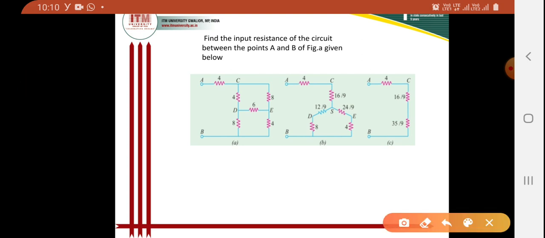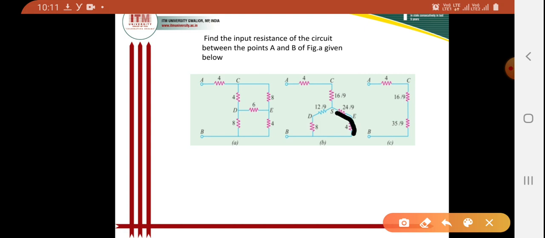When solving the equivalent resistance between A and B, these two are in series now, and here this element and this element are parallel. So first we have to add these two resistances, 24 by 9 plus 4.